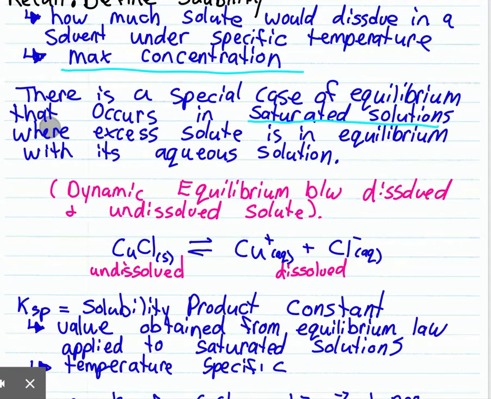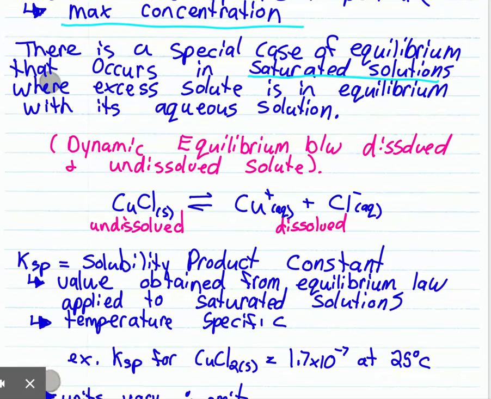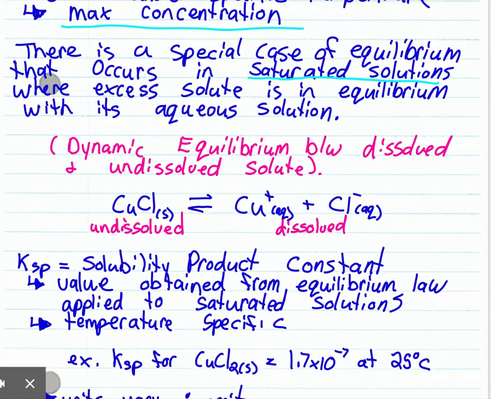So its formula is exactly the same as K equilibrium. Because we're dealing with solubility, it's temperature specific, because the amount of solute that dissolves will change depending on temperature. So when we state a KSP, we have to include what temperature it's at.